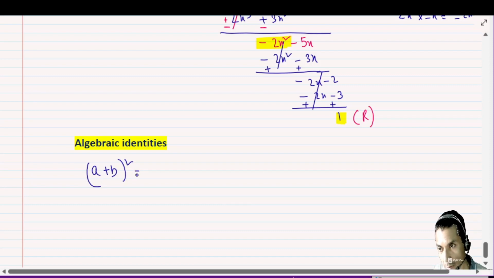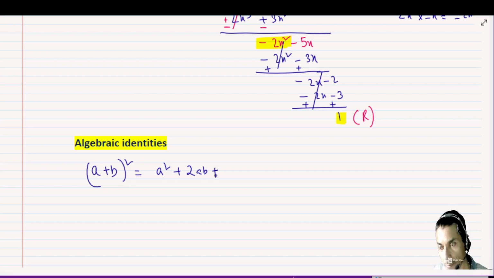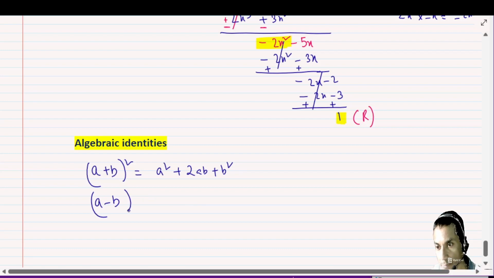You know that it is a square plus 2ab plus b square. Clear? And next is a minus b whole square. It is a square minus 2ab plus b square.